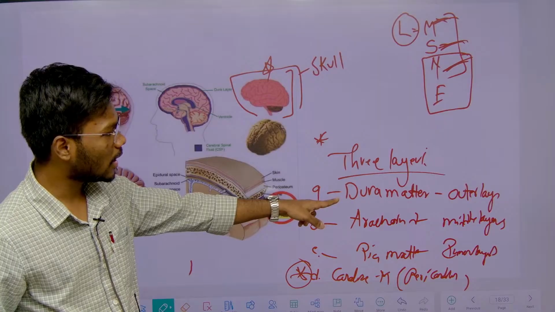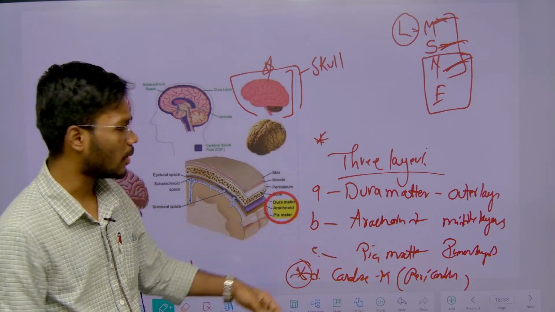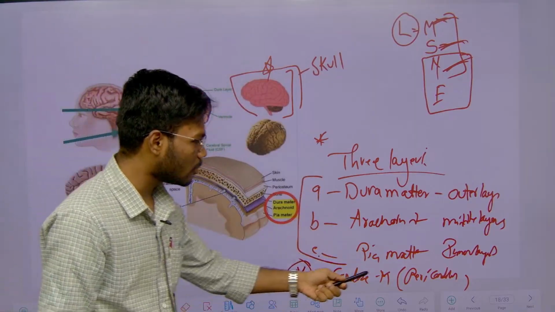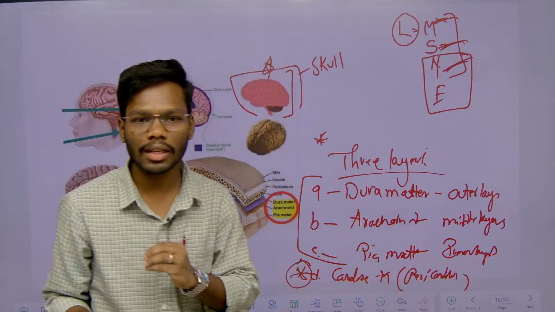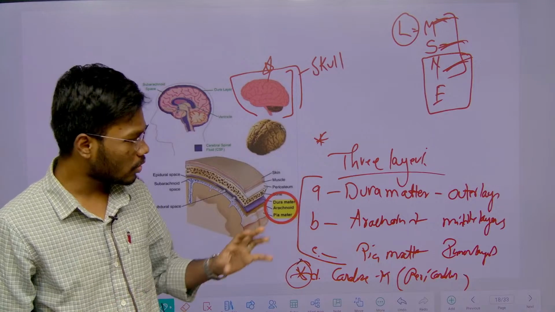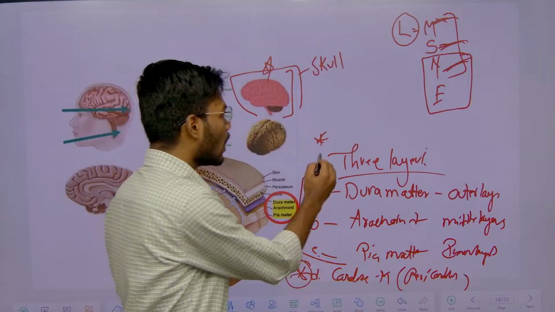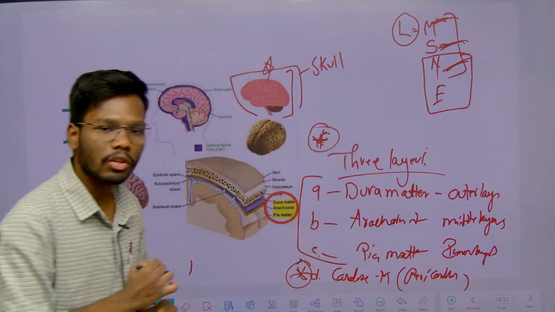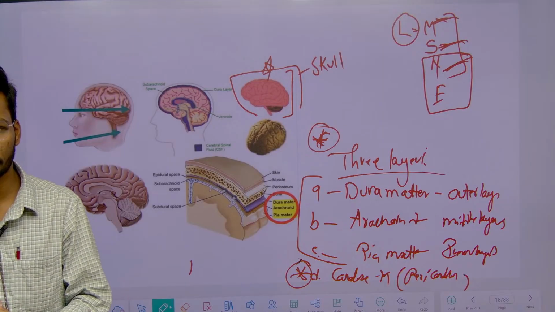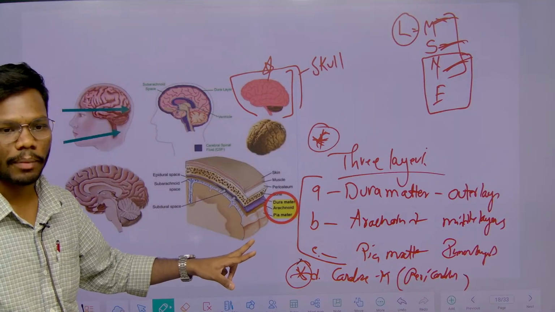Dura mater is a layer of the brain, arachnoid mater is also a layer of the brain, and pia mater is also a layer of the brain. So these three are involved in the brain, whereas the pericardium is involved in the covering of the heart. From simple things only, they will ask in a different way, right? Understand these layers of the brain, which are also called cranial meninges: dura mater, arachnoid mater and pia mater.